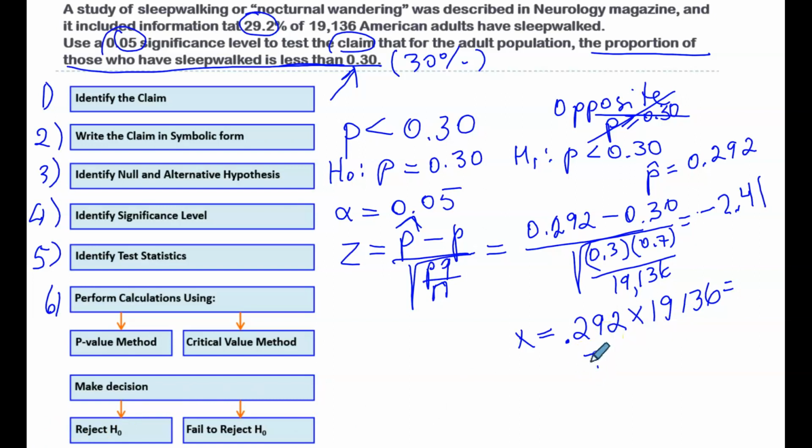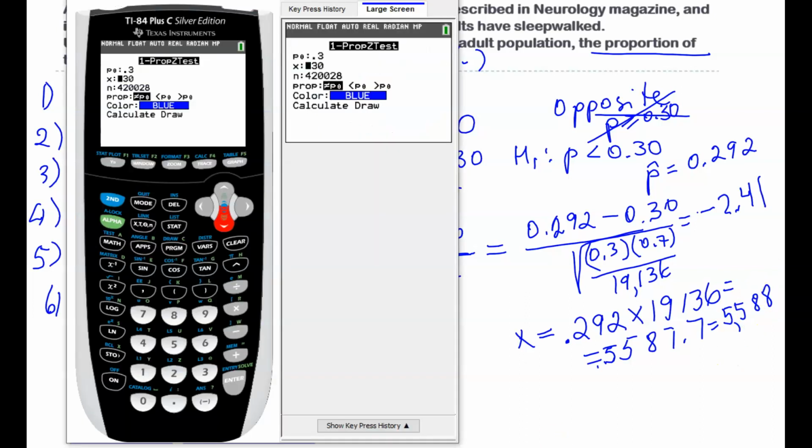When we use the calculator, we get 5,587.7. And of course, we're talking about population of people, so we round to the next whole number, 5,588. Let's go back to our graphing calculator and enter 5,588 as x value.